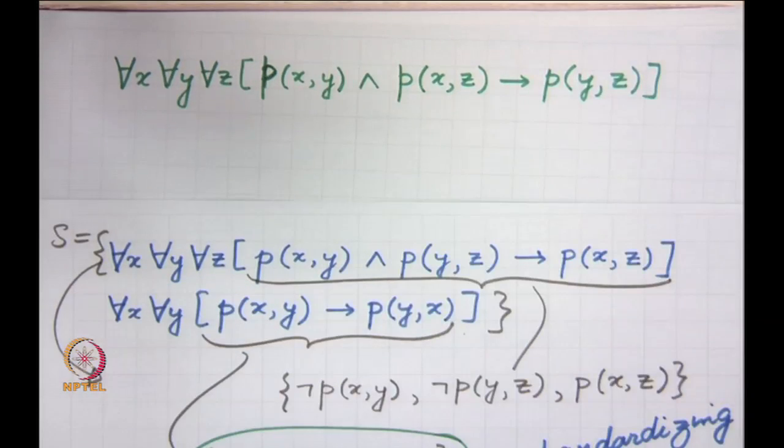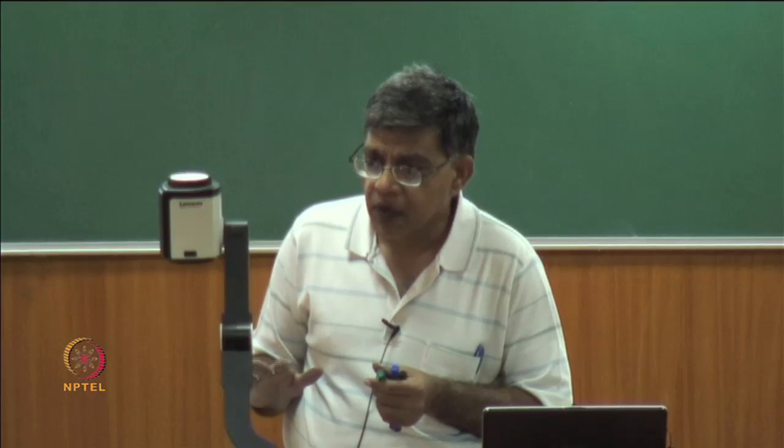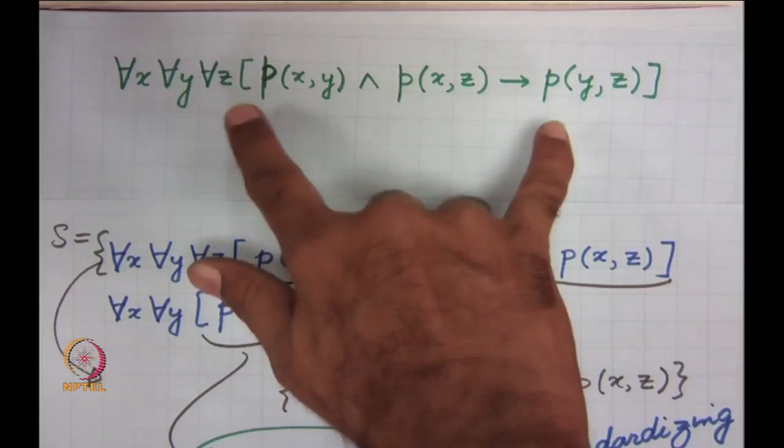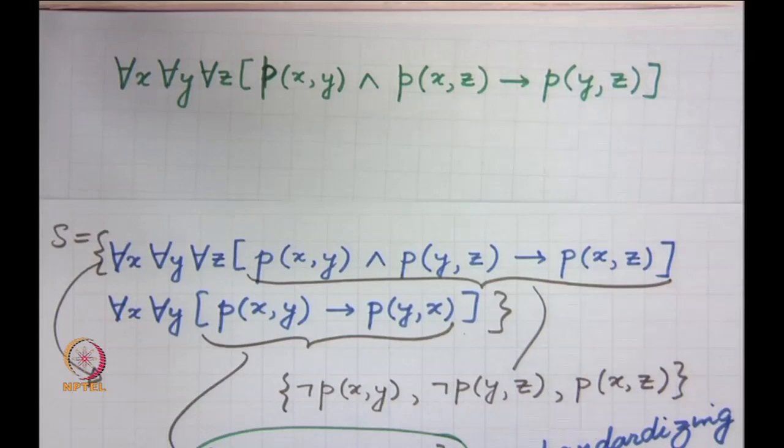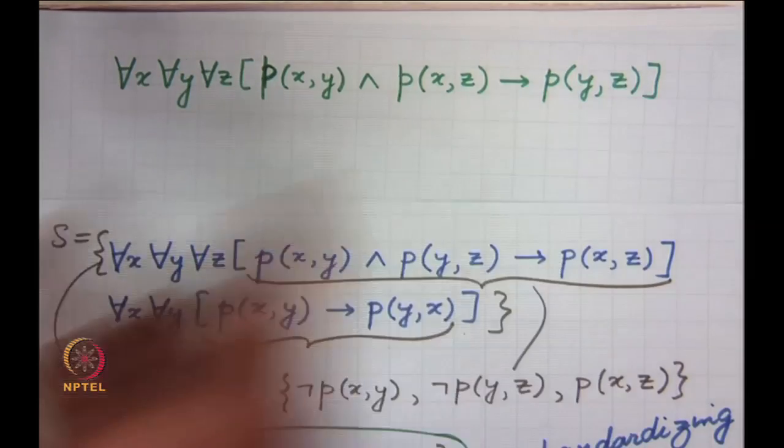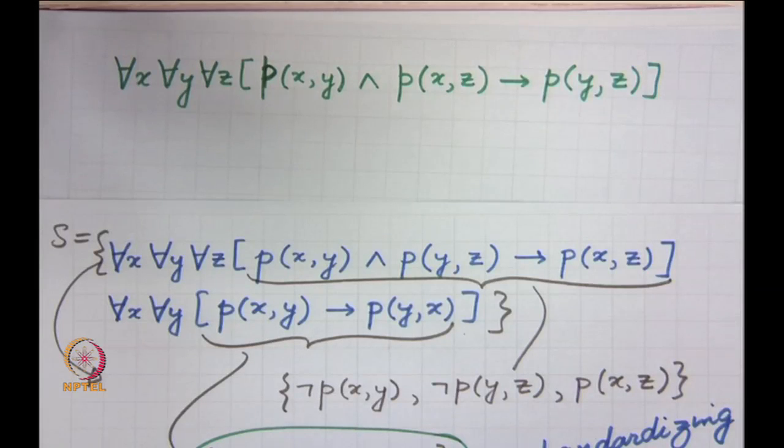Would this be true? So if P is a transitive and symmetric relation, then essentially this statement should be true. Okay.